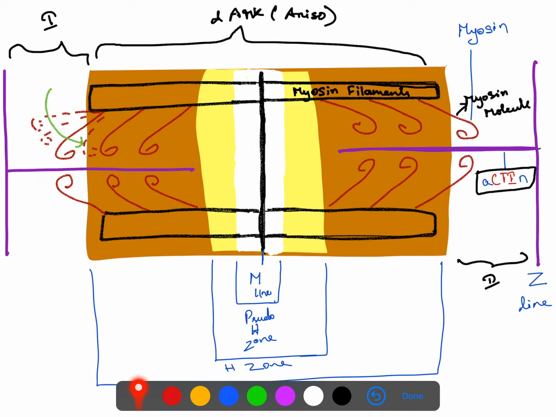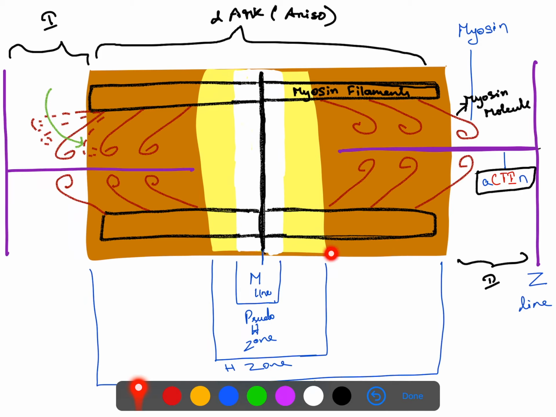And within this dark zone there are a few light areas, right? So what is it? The center is the M line, to which the myosin filaments bind. Adjacent to the M line is the pseudo H zone, and by the sides of the pseudo H zone is the H zone. So what is this H and pseudo H?